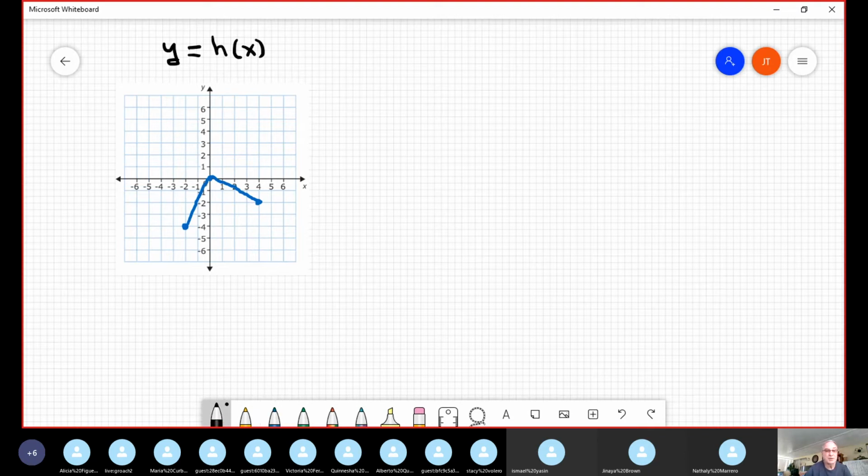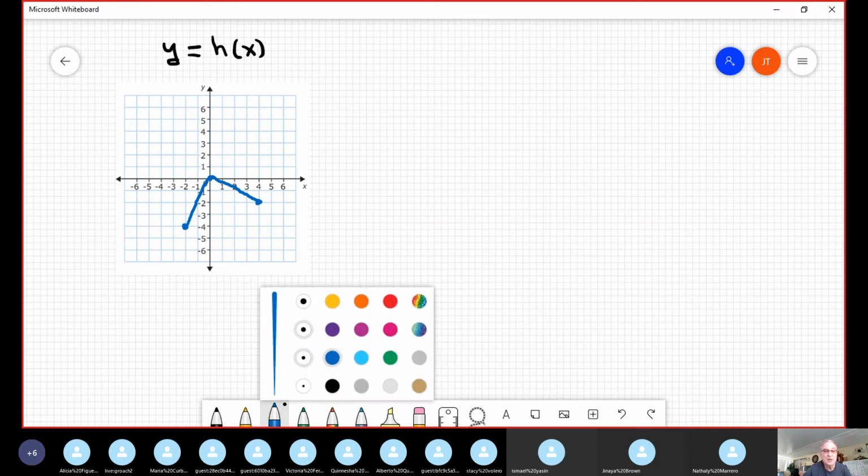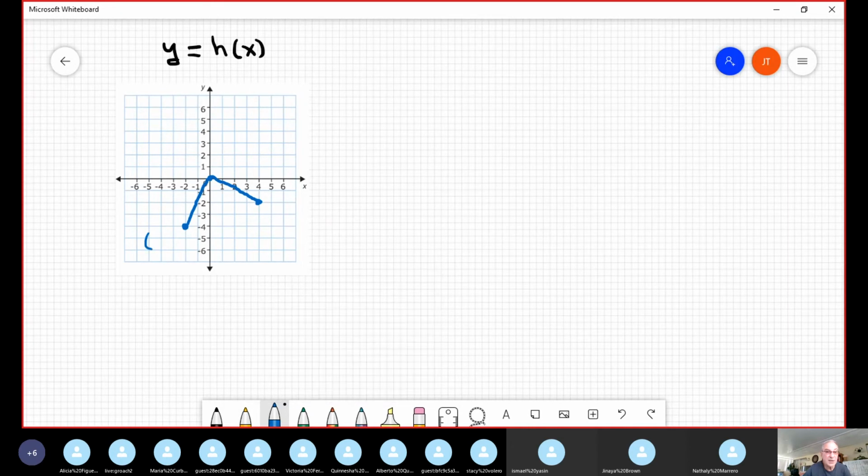Let me continue with the blue color. This point is -2, -4. This point is 0, the origin. And this point is the point 4, -2.